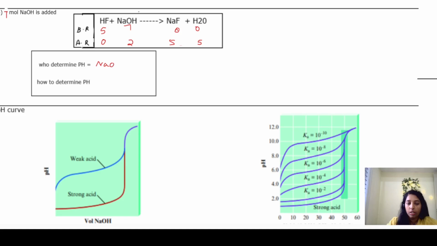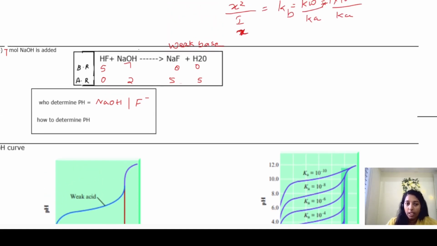NaOH is there. So do you want to consider the F minus effect, since F minus may have some effect? Actually, no. Why? Because F minus is, after all, a weak base, and NaOH is a strong base. So in front of NaOH, NaF is nothing, and you don't need to consider the NaF.